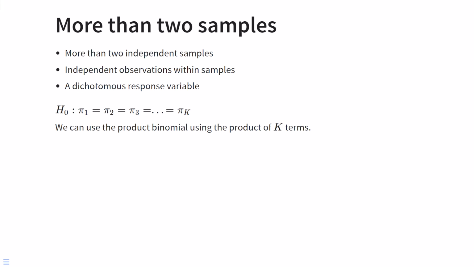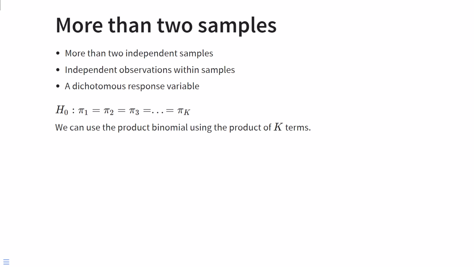And we have a dichotomous response variable, just like we had when we looked at the two-sample product binomial. So the null hypothesis is that the probability of success in the first group is equal to that in the second, is equal to that in the third, and so on, all the way up to the kth group, where you have k different groups.